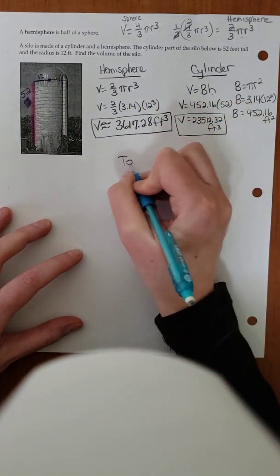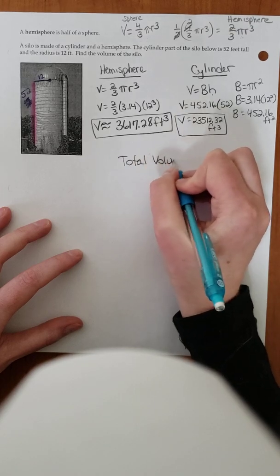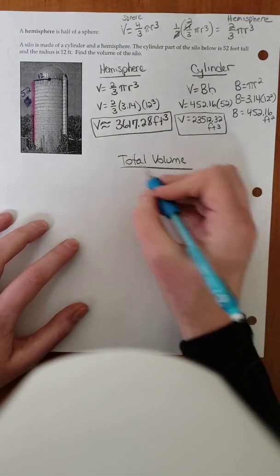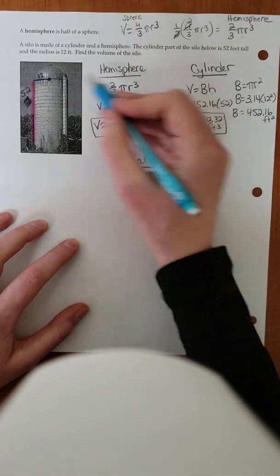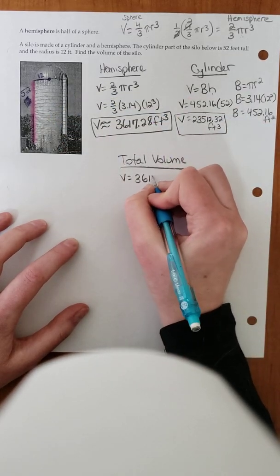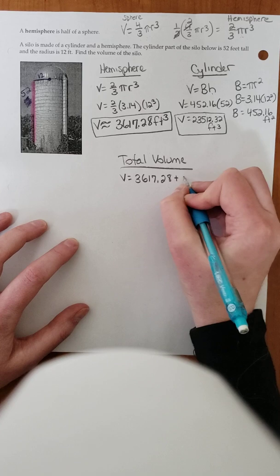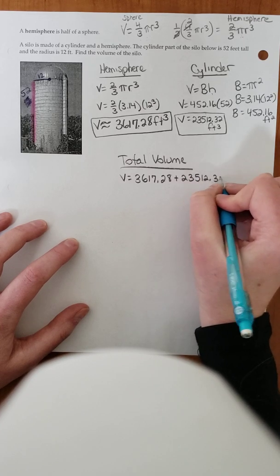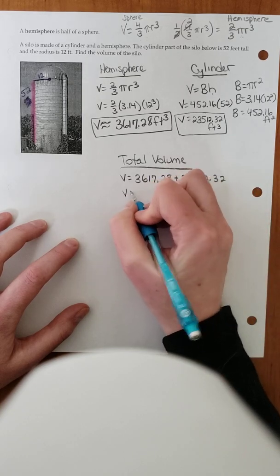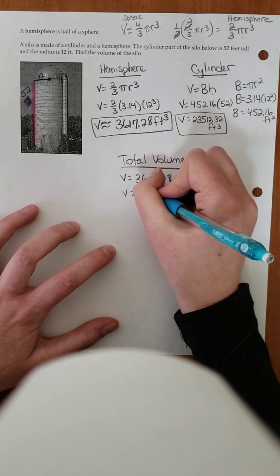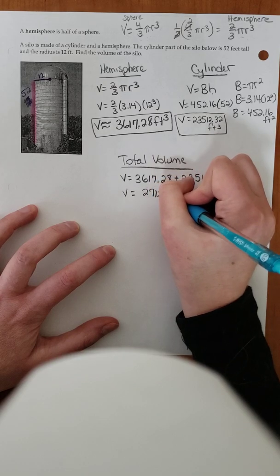So the total volume, make sure neat, labeled, organized, right? Total volume, I need 1 hemisphere and I need 1 cylinder. So I'm just going to add those together. Show me what you're adding. Don't try to shortcut it. Some of you like to shortcut things a little too much. We got to see what you're doing. 27129.6.